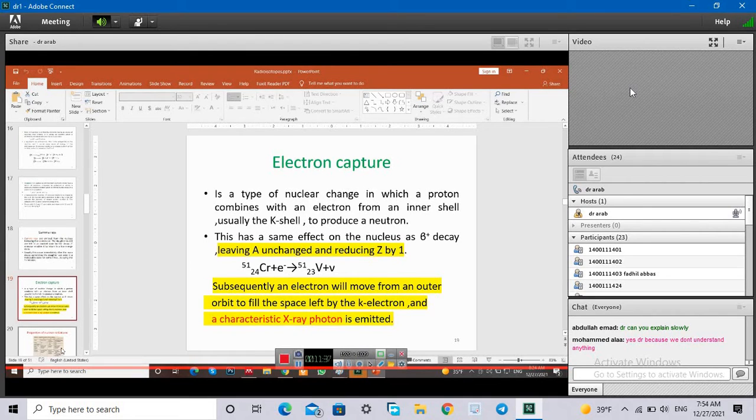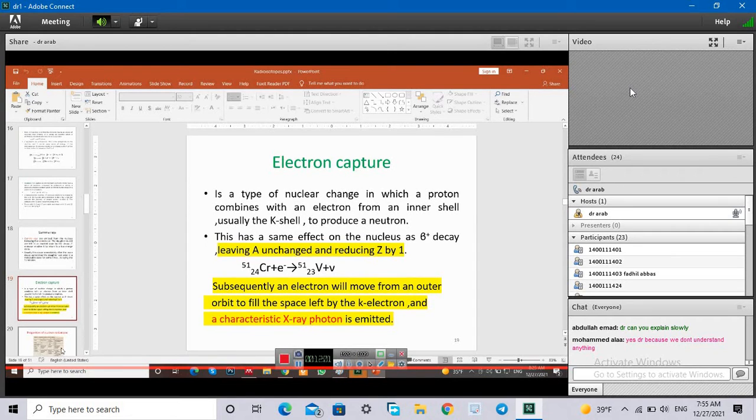Same as positron emitter, in electron capture the mass number is left unchanged, and the atomic number is reduced by 1.